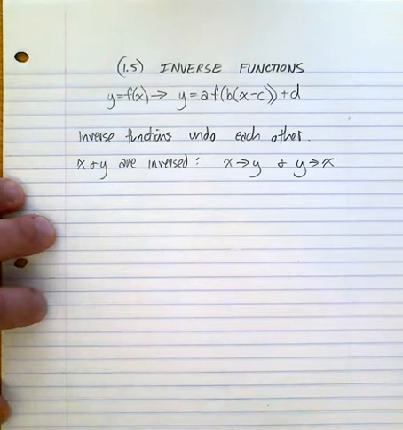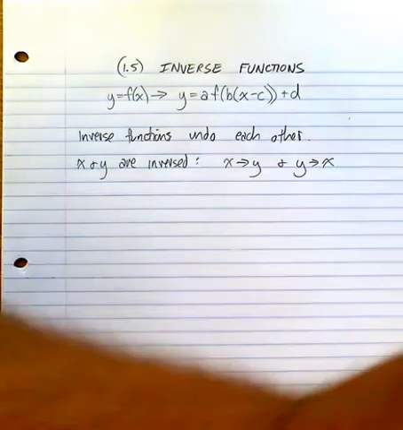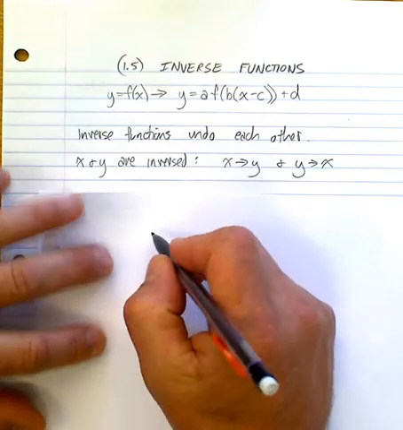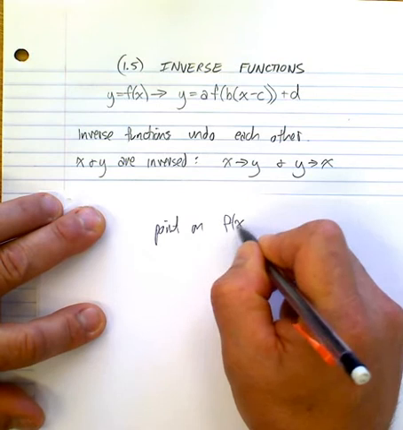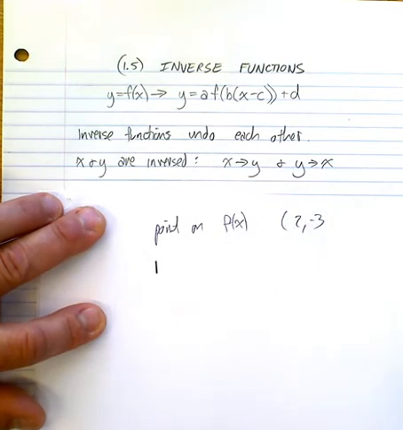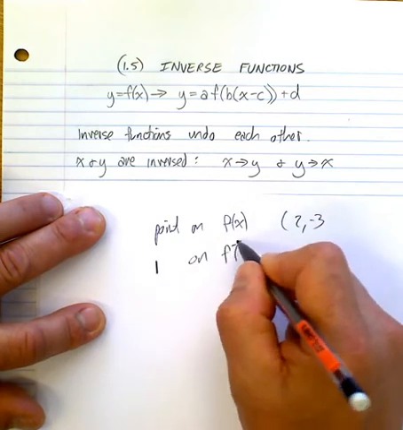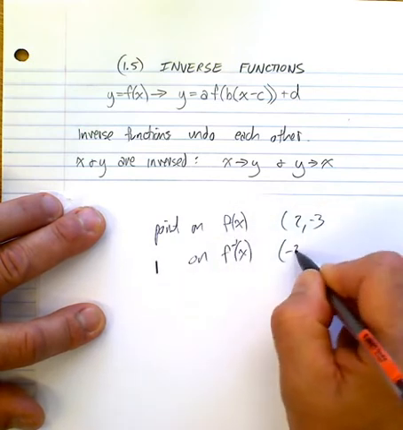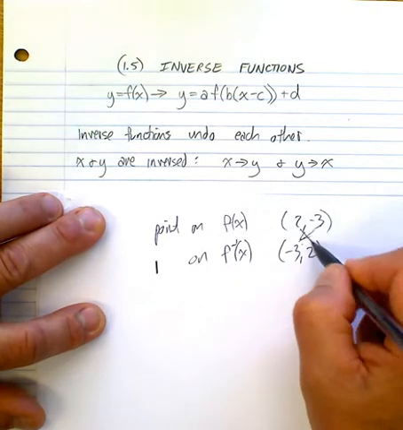Okay, so if you're given a point, for example, say a point on function f of x is (2, -3), then the point on the inverse is (-3, 2). Your y becomes x and your x becomes y.